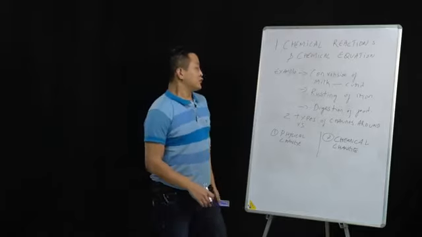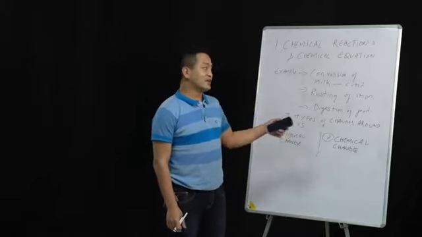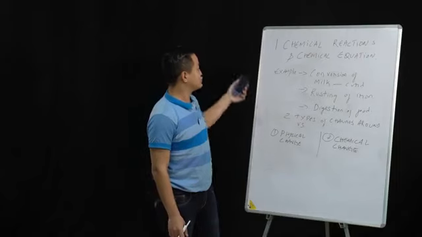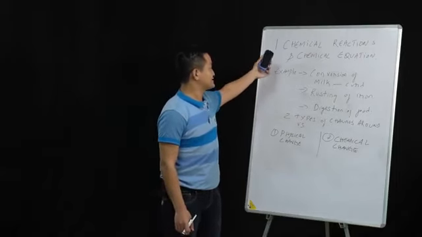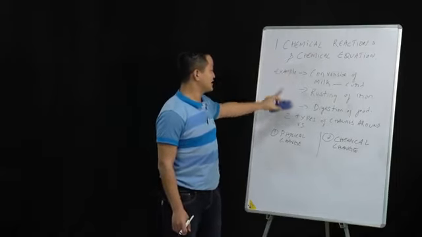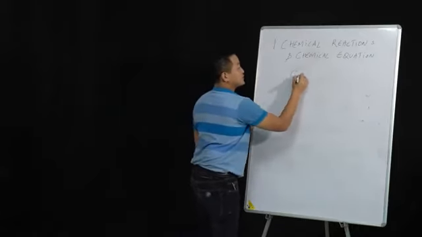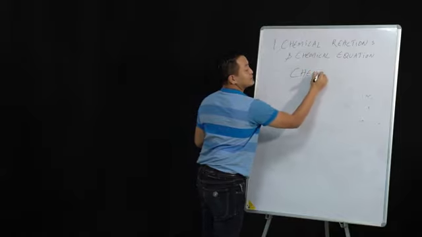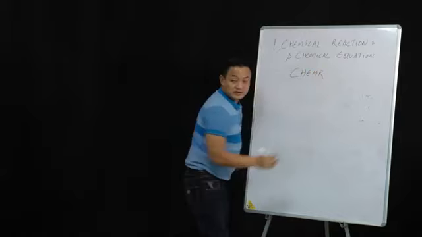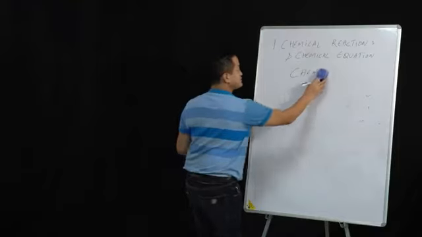So now we will study chemical reaction and the types of chemical equation. And I'm sure you're clear with our examples of the chemical reactions and whatever we have studied so far. Okay, so chemical reactions come under chemical change.